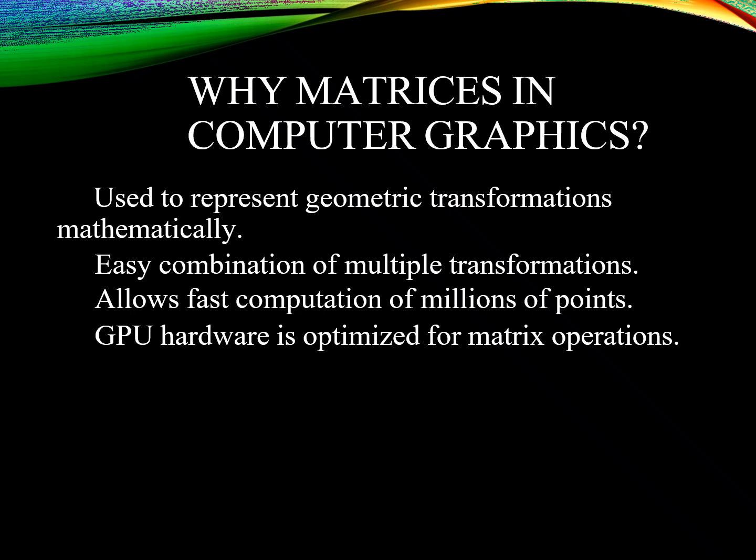Another advantage is that multiple transformations can be combined into one matrix. This reduces the number of calculations required. Modern graphics processing units, or GPUs, are specially designed to perform millions of matrix multiplications every second. This is why graphics applications, video games, and simulations rely heavily on math.